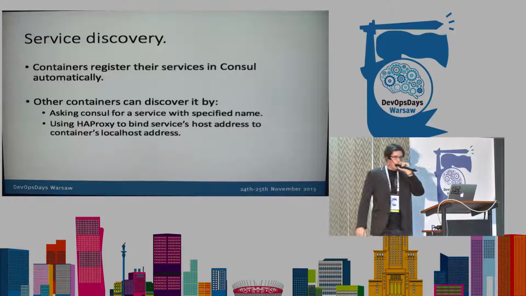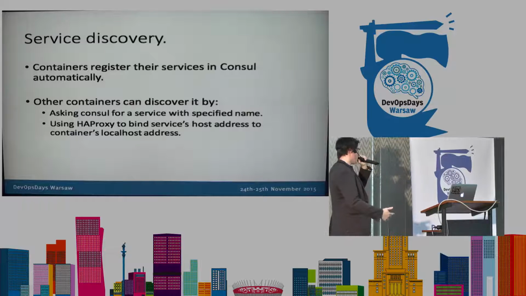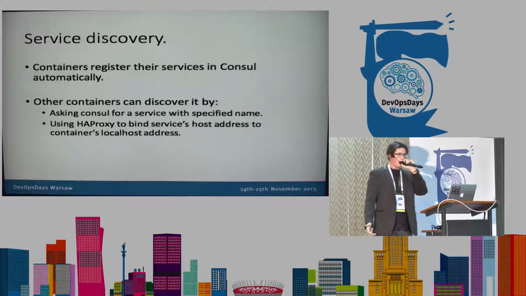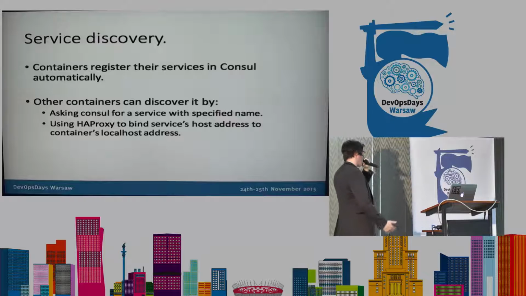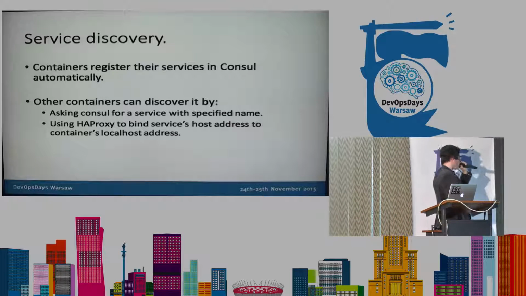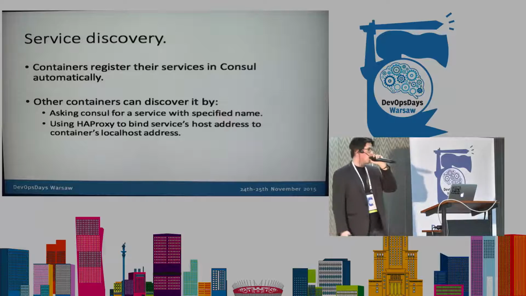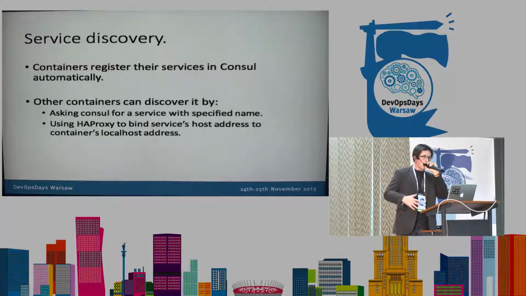So every service or container registers itself into Armada, so into a Consul distributed catalog. It's done automatically. We don't have to take care of it every time we start a service. And then other containers or other services can discover the service simply by asking Consul for the name of the service that they need and using HAProxy to bind this service address to a localhost address.